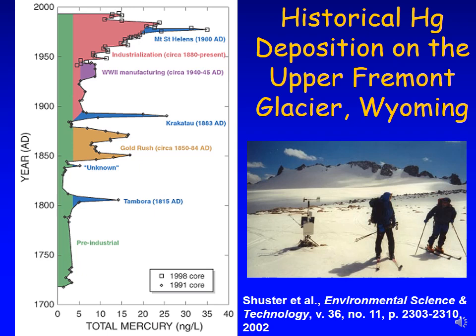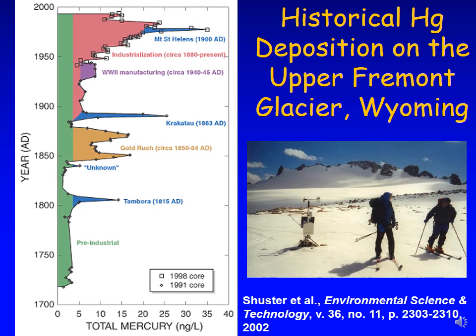Remember that mercury is one of the things that's emitted from volcanoes. And so we had the Tambora eruption in 1815, we had the Krakatoa in 1883, very large, globally impacting eruptions. And then we had Mount St. Helens in 1980, which was a pretty small eruption compared to the others, but was in relatively close proximity, so it had a big impact.